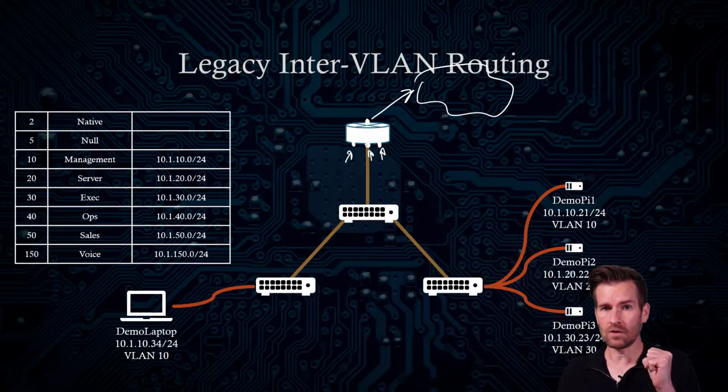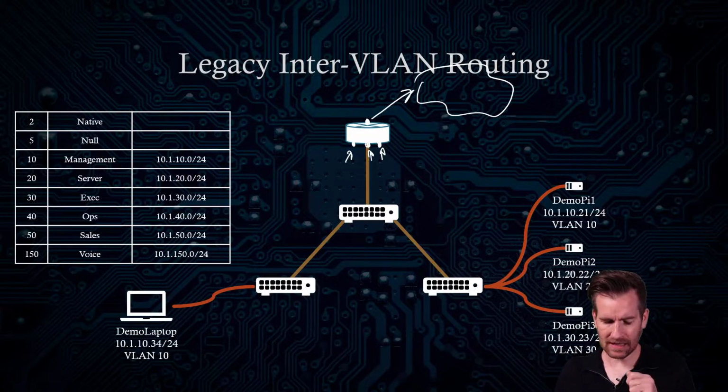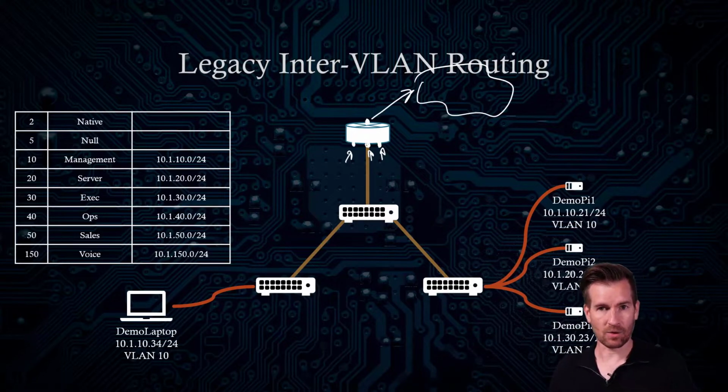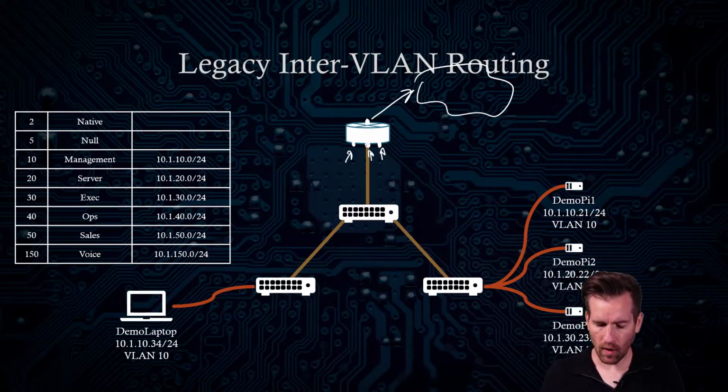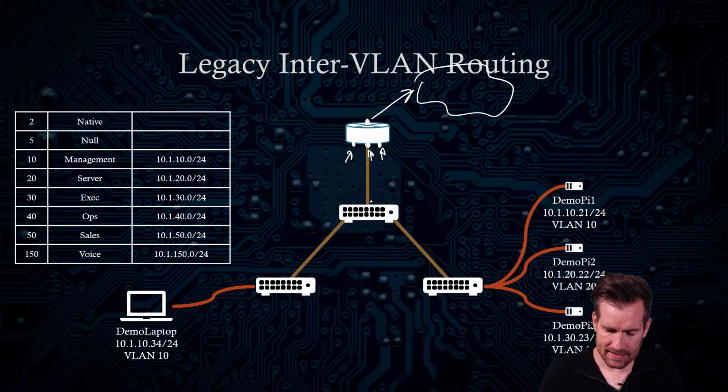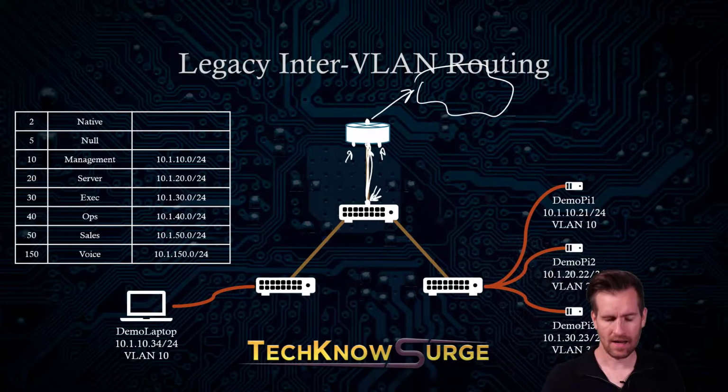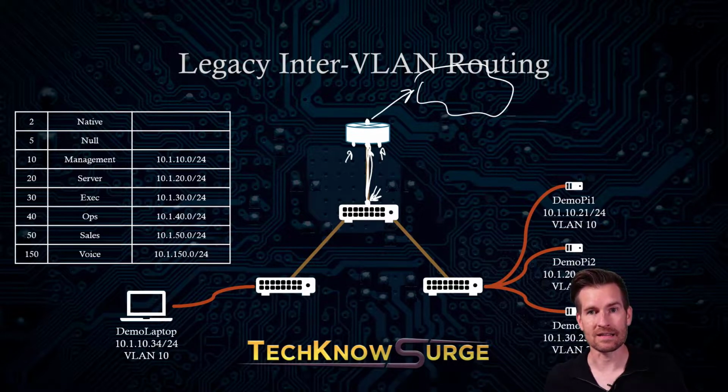If I didn't know any better, or if I just wanted to set this up simplistically, and I wanted some great bandwidth between these different VLANs, then what I can do is assign an access port on this side, and it connects into the router, and that is a separate network. So VLAN 10 would be assigned right here, and then it would be connected to one of these ports.